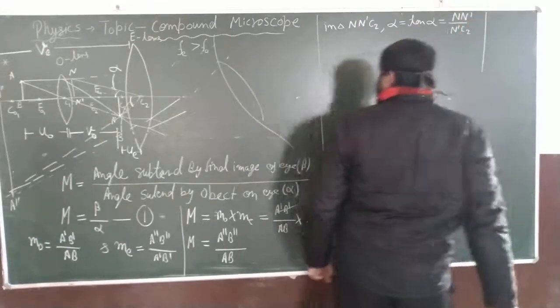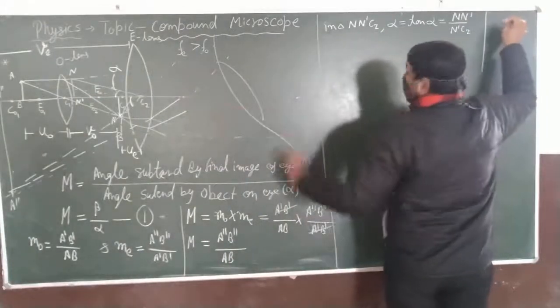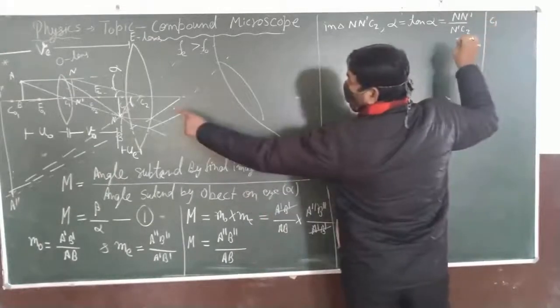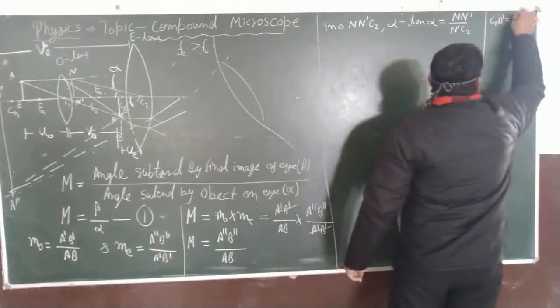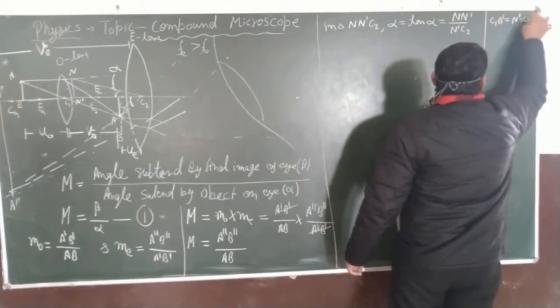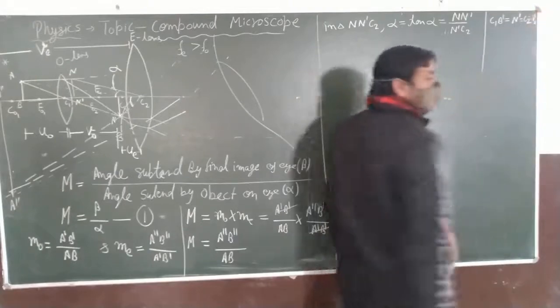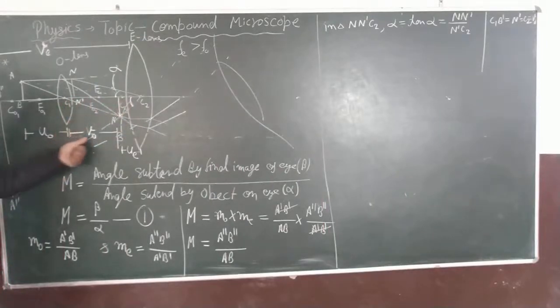Here also we take some adjunction. C1 B dash is equal to N dash C2, that is equal to V0. It is clear? The distance of the object from C1 to B dash is equal to N dash C2, which is equal to V0, the image formed by the objective.